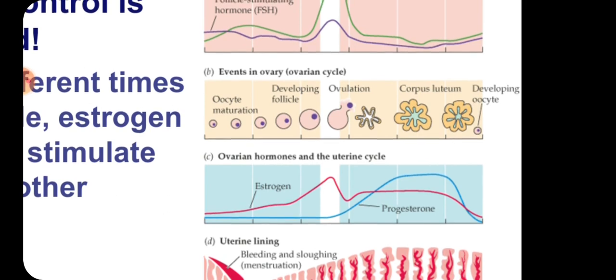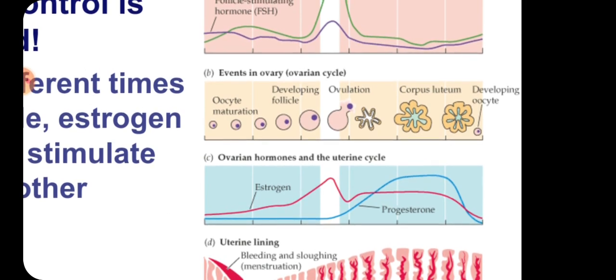And here also you can see the ovarian hormones and uterine cycle. This is the estrogen level, which is going higher as the ovule is maturing, as the follicle is maturing. The red colored line in this figure C, the estrogen, is moving up.